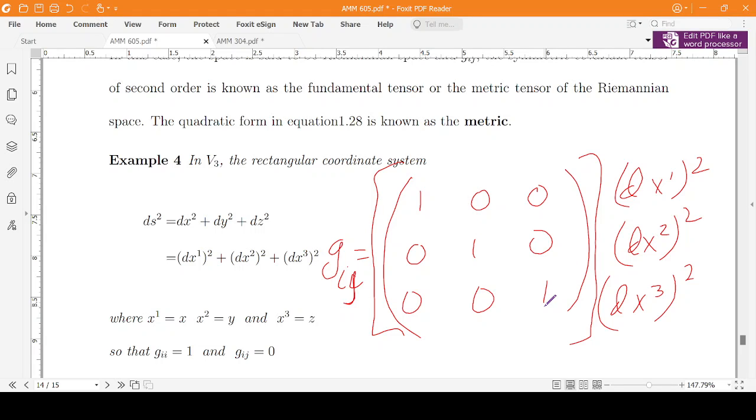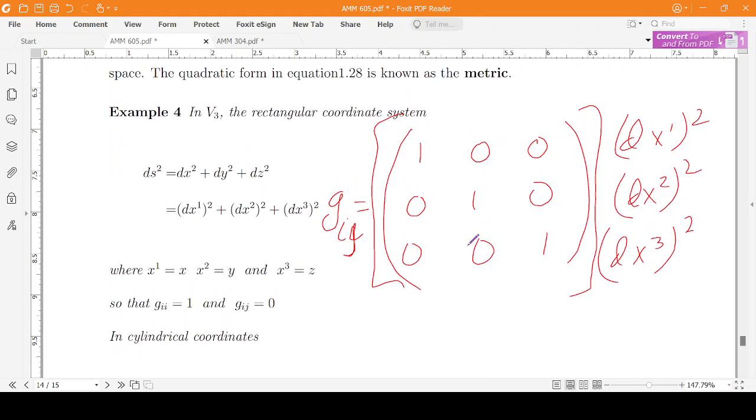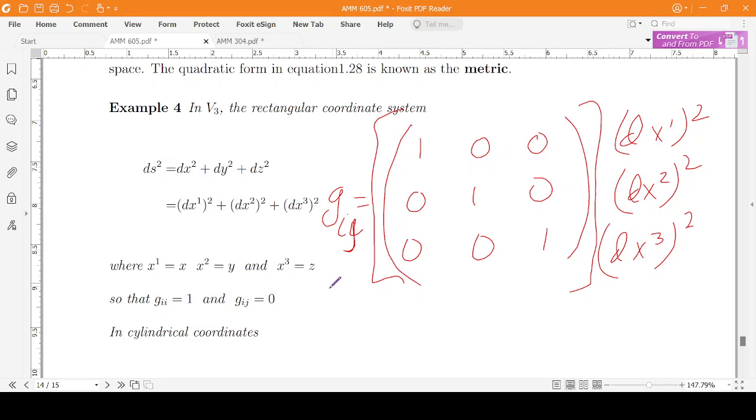But whenever i is not equal to j, like G12 we get 0, G13 is 0, G21 is 0, G23 is 0, G31 and G32 are all 0. So we can write that Gii is equal to 1 and Gij is 0. Gii are the elements in the principal diagonal. Gij are the off-diagonal elements.